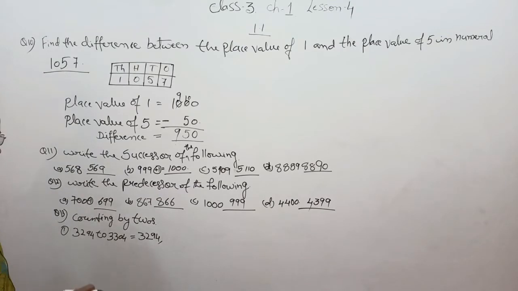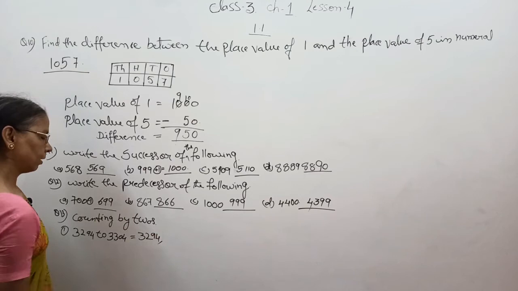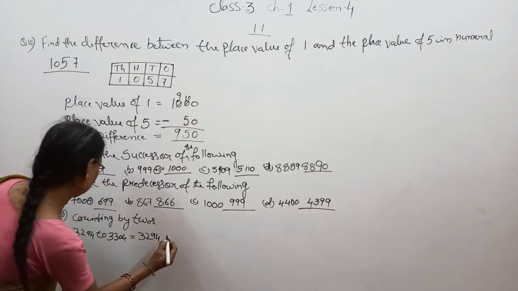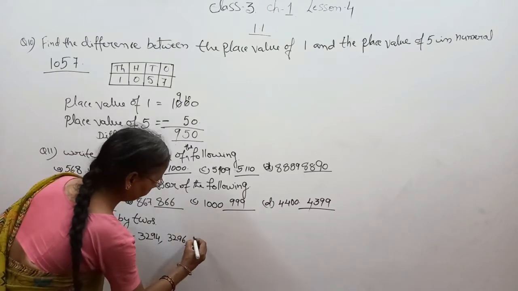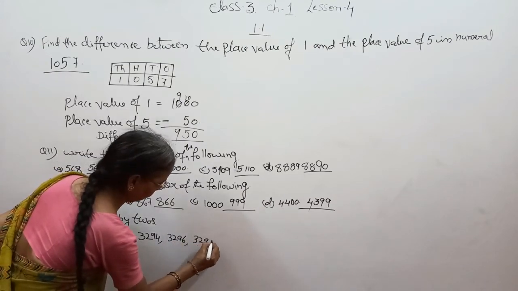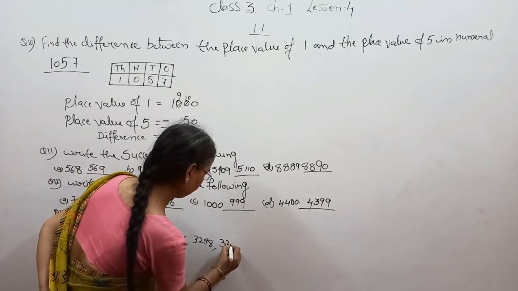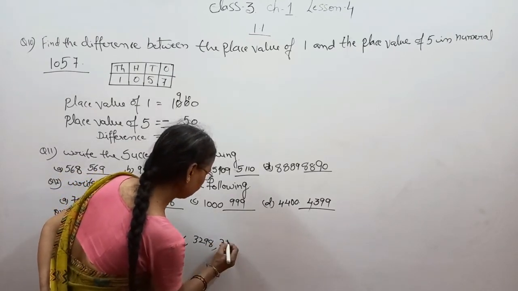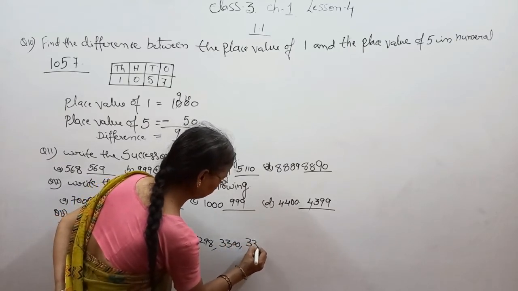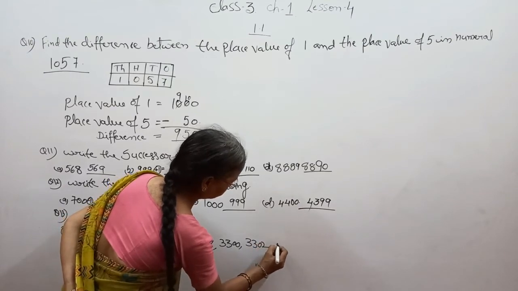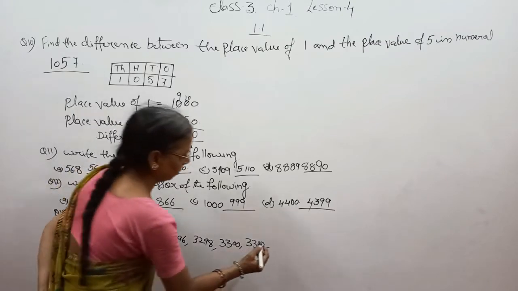After this we have to write twos, that is by giving a gap of one number, that is 3296. Then again 3298. Then 3300. Then 3302. And lastly the given number is 3304.